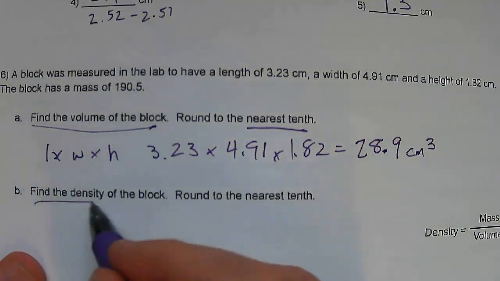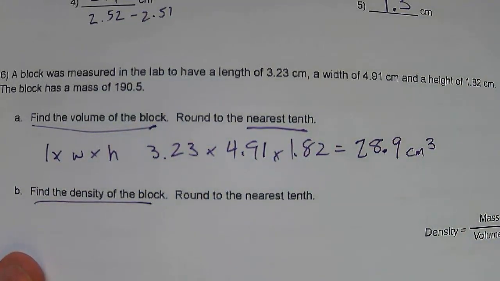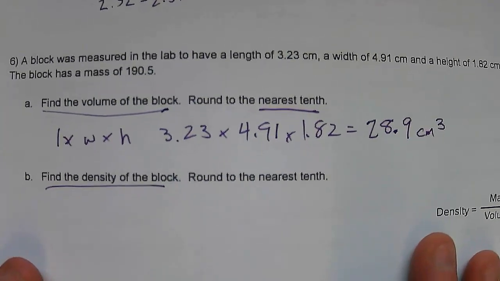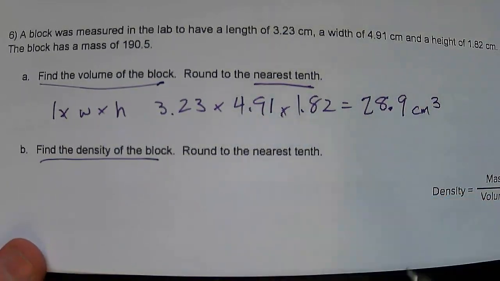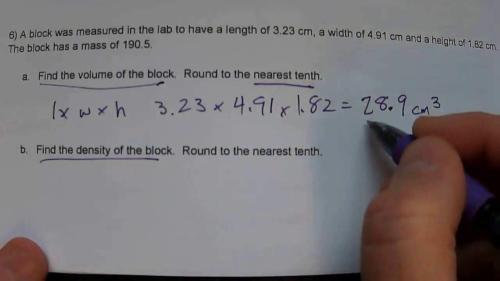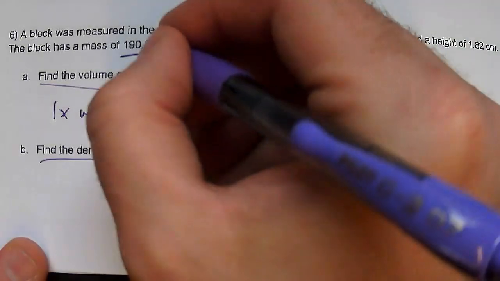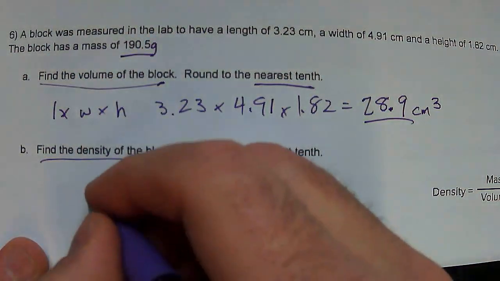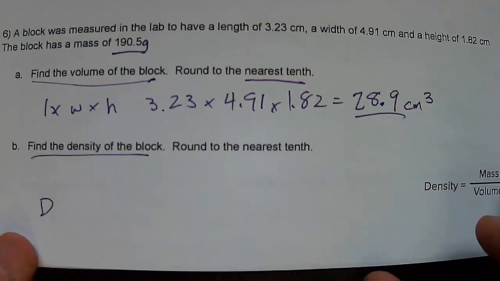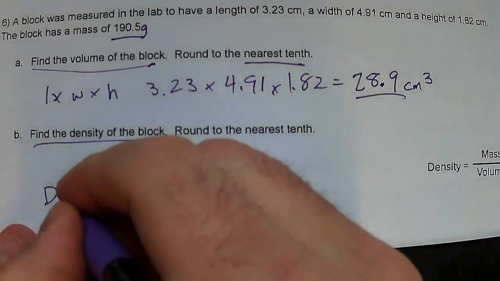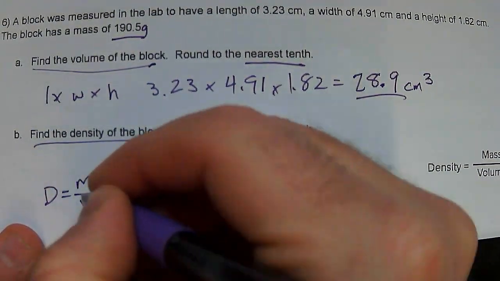And then we have to find the density of the block. This is exactly like the lab where we would find the volume of the block and then do this. So we have the volume, and the mass here. I guess there should be a unit there. But remember, density is mass over volume.